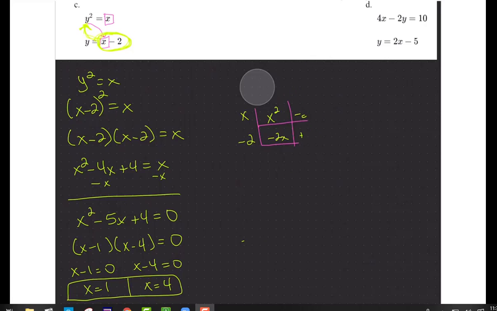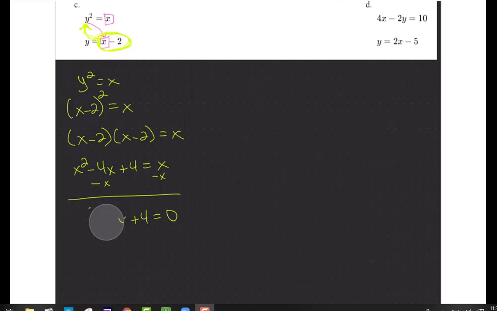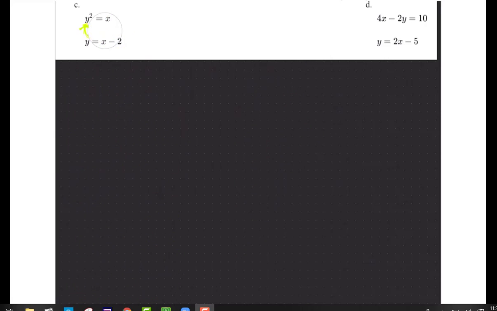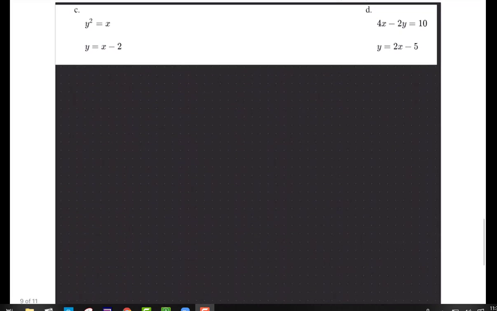Alright. So let's look at our D over there on the right side. So this one, they just kind of mixed it all up for us. And so we know we can't graph it. We have to do it using some algebra. So what do we know from that little problem? What do we see? Yes.